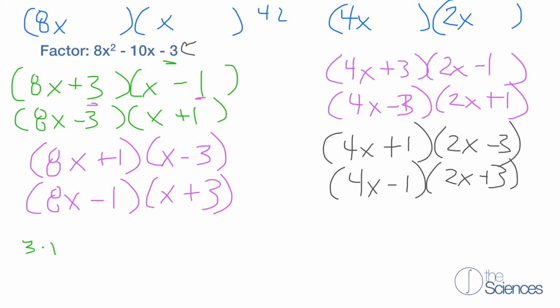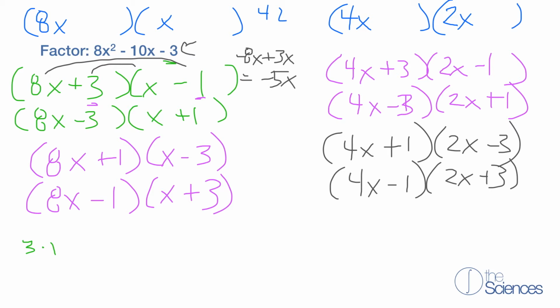So now we're going to get the sum of the outside and inside terms. So when we do that, we get negative 8x plus 3x equals negative 5x.